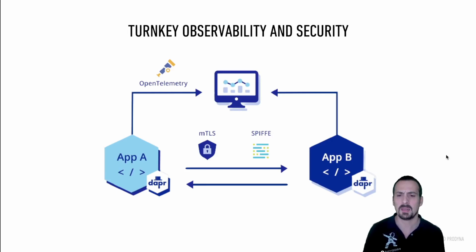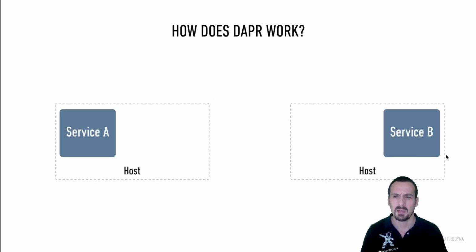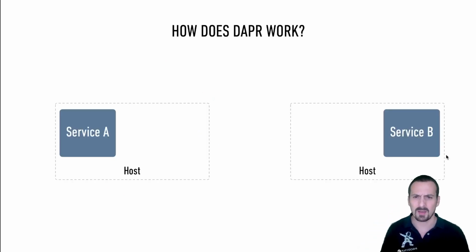Security is also a big topic. When using Dapr as a runtime, all the communication between the services is, or can be, automatically encrypted using mTLS. All the different services have identities, so I can write rules at the end about which service is allowed to communicate with which, and that's all based on service identity.